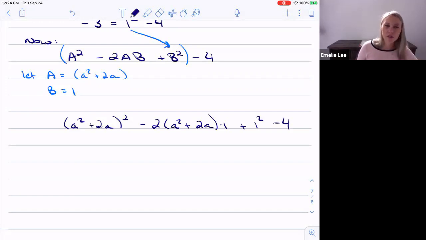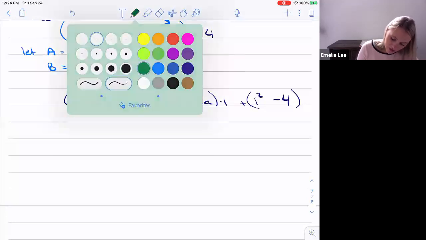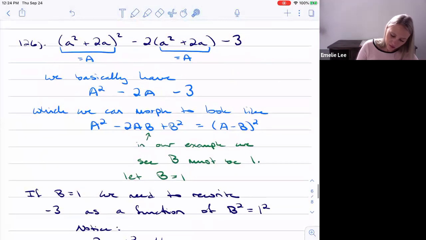Just convince yourself that that's exactly what we were looking at, especially if you put brackets around here. 1 squared minus 4 is -3, so then it would be -3. But instead, to make my factoring easier, I'm going to group this whole kit and caboodle and make it a minus b squared and then -4.